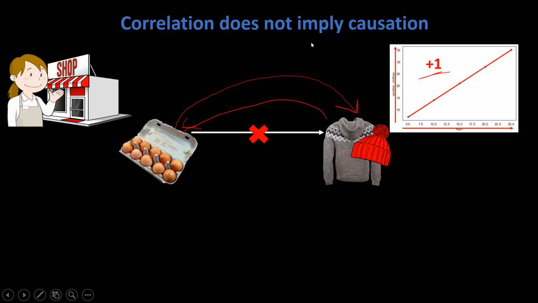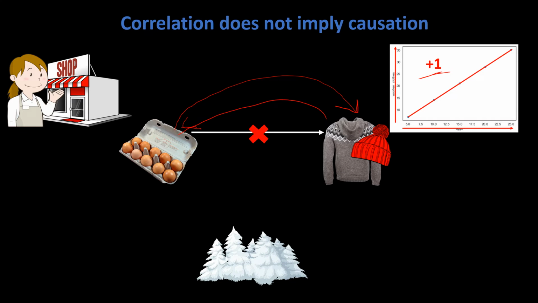Here in this case, what could be the main cause? The main cause could be the winter season, meaning the fall in temperature is causing the increase in sales of both of these two. So this kind of example justifies that correlation does not imply causation.